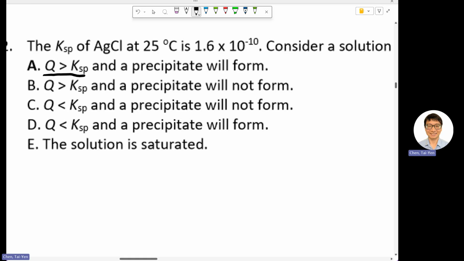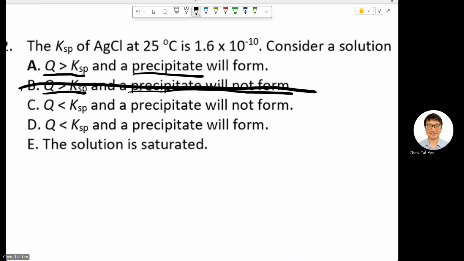A says Q larger than K, you're going to precipitate. So that's an okay statement. Second one, Q larger than K and precipitation will not form. You know that is not correct, so you can just cross out B automatically. Then you look at choice C, Q smaller than K and precipitation will not form. That is fine. D, you say it will form, then you know that's false.